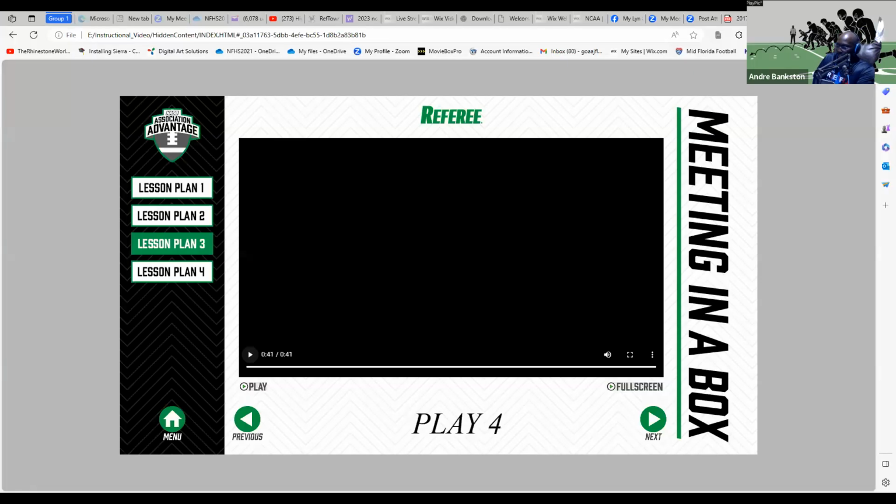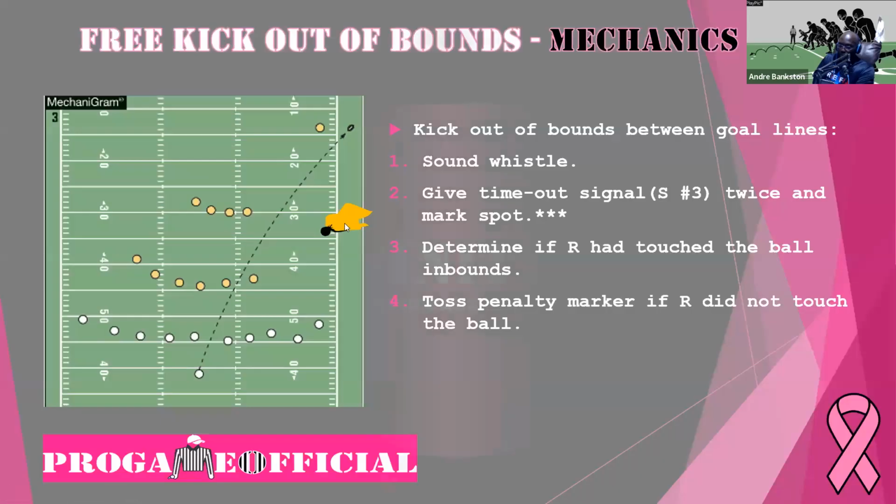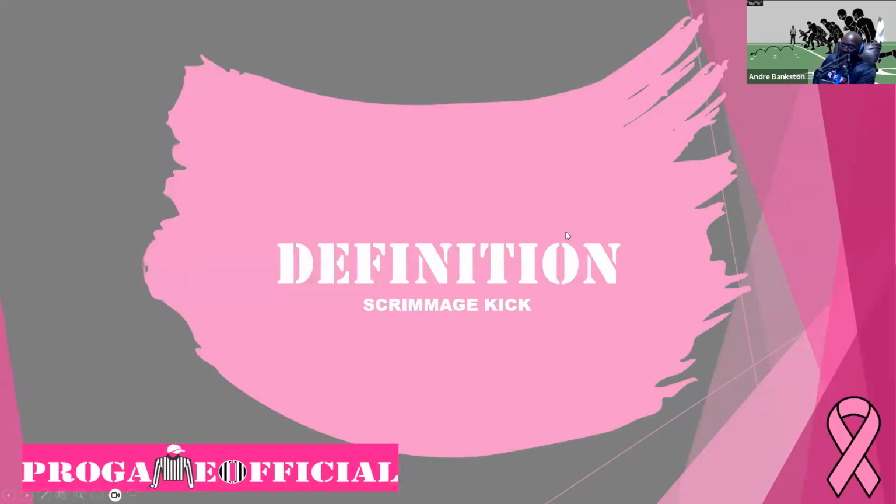Okay, so a couple of things in that. Obviously, if you're going to throw the flag, make sure it's at the spot where it goes out of bounds. So, that flag would be at that spot where it went out of bounds. Two, move. Don't just stand there.